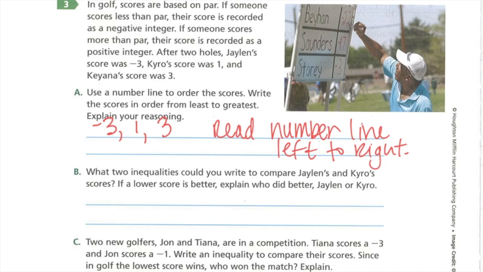Well, let's put Jalen first. Jalen had a -3 and Cairo had a 1. -3 is smaller, so I'm going to write less than. Or we could flip it around and say 1 is greater than -3. If the lower score is better, who did better? Well, -3 is definitely lower, so Jalen did better.